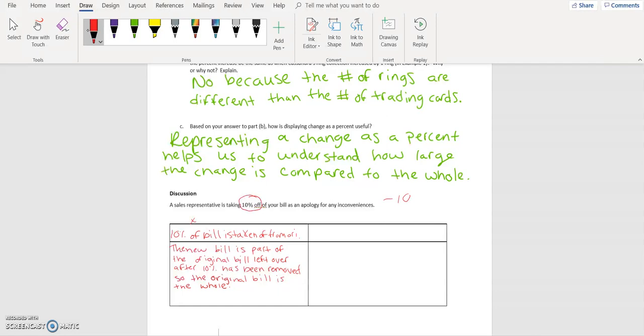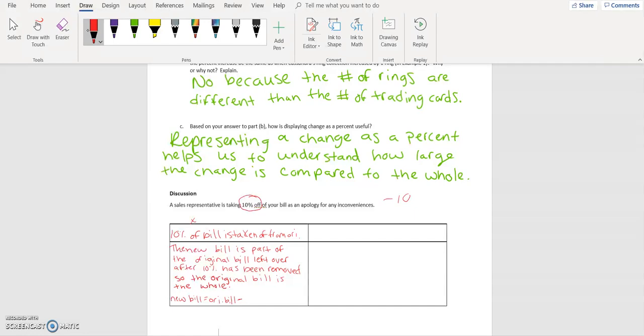So what that would look like is that the new bill is equal to the original bill minus 10% of the original bill. So the original bill, however much it costs, minus 10%.